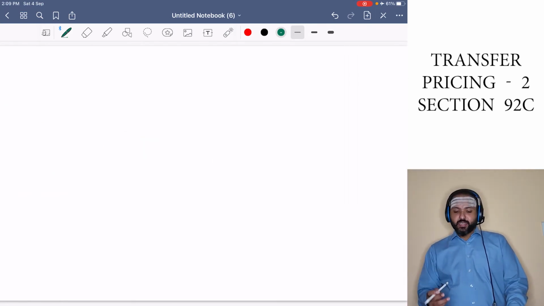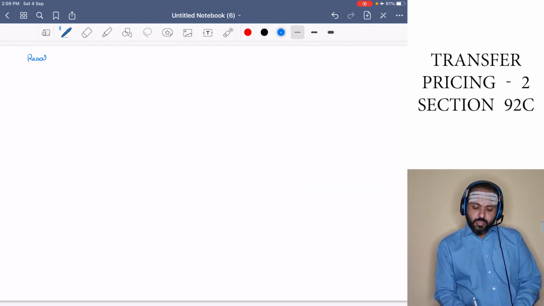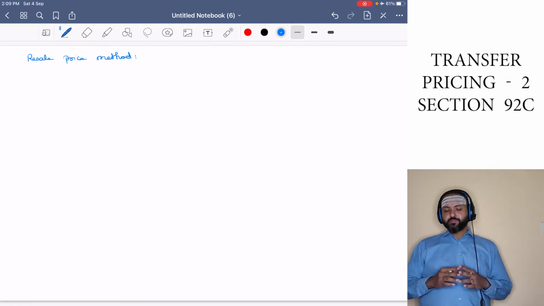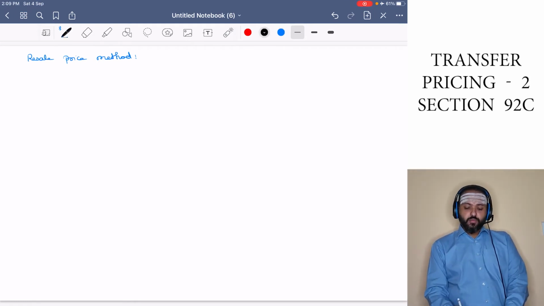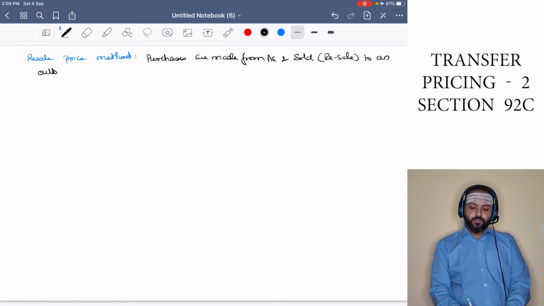let us take the second scenario. What is the second scenario that we discussed? Resale price method. So when will this method apply? This method will apply when purchases are made from AE, associated enterprises, and sold, that is resale, to an outsider.